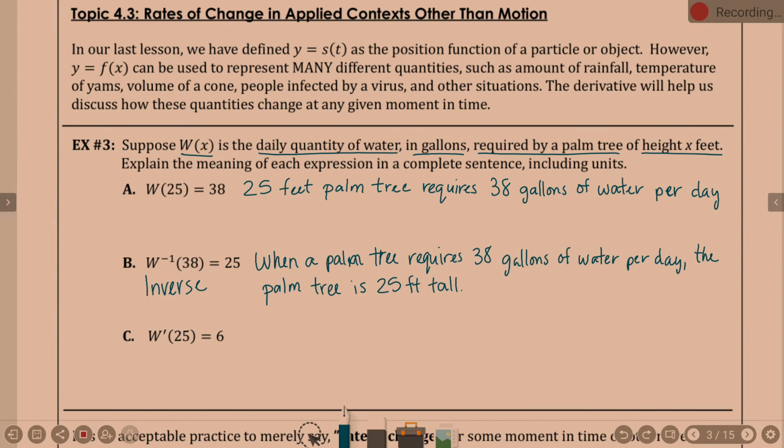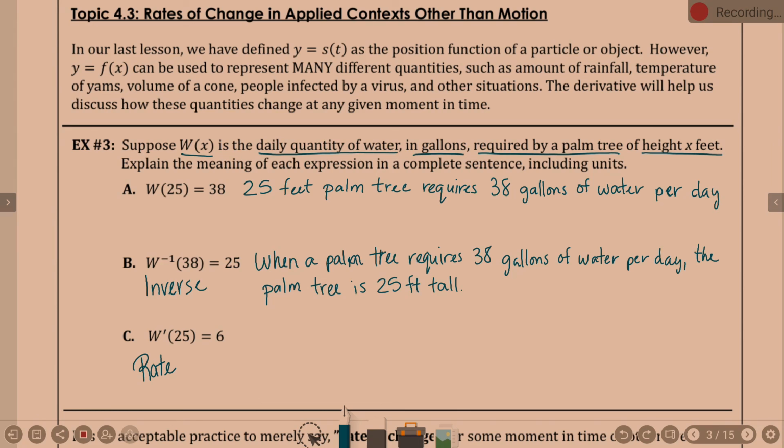Start thinking about C. What is C? It's a derivative, yes? Well, it's a derivative. Think about it as a rate.